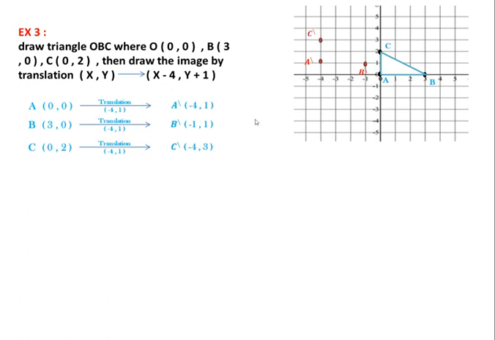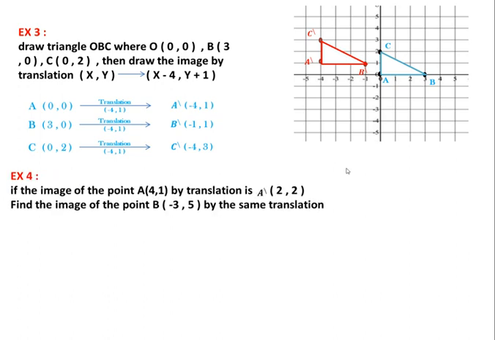Join the 3 points to get A dash, B dash, C dash, the image of triangle ABC by the translation (-4, 1).